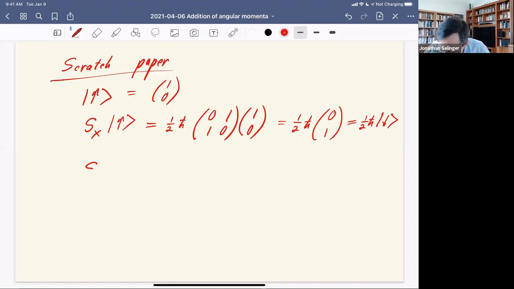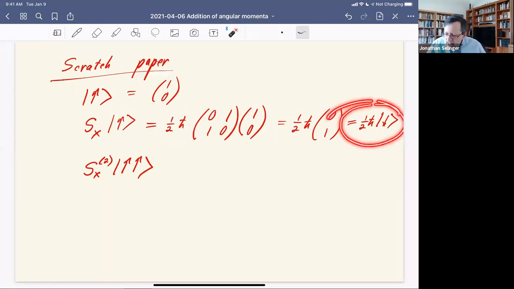So now suppose we have Sx for particle 2 acting on the up state. Sx for particle 2 cares about the spin of particle 2. So it changes the spin state of particle 2 in the way we worked out right here.